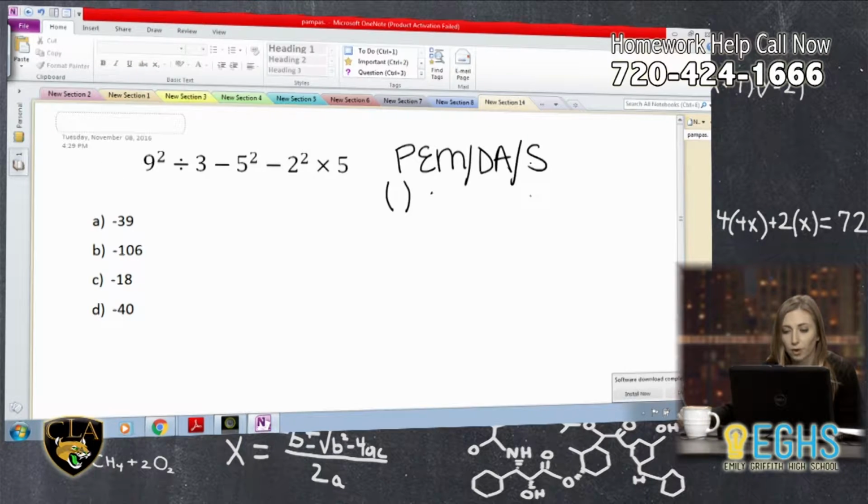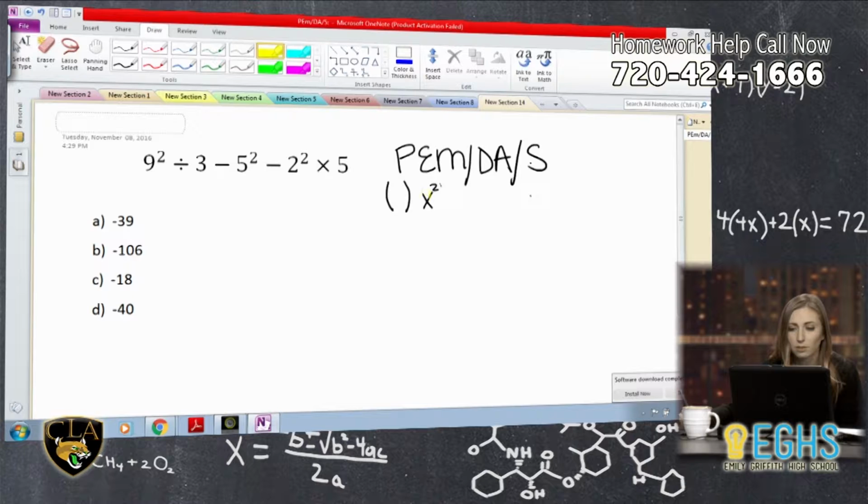E stands for exponents. So exponents are the same thing as powers. We do actually have a few of those there. M stands for multiplication. D stands for division. Now, it should be noted that these two should be done left to right. So if we see a division before we see a multiplication, they would always come left to right.